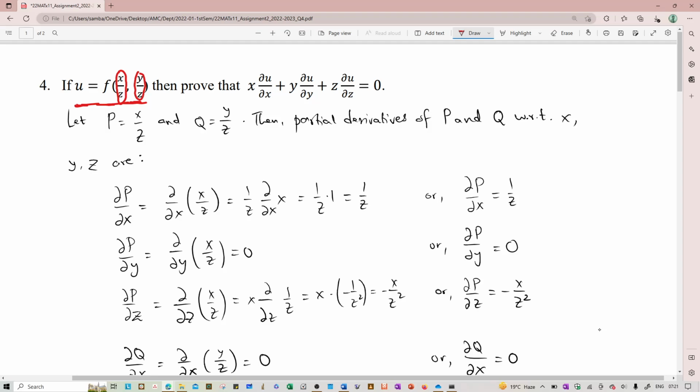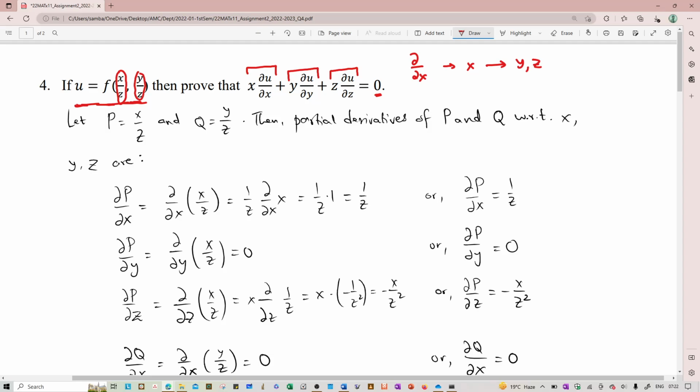So given that we have a function like that, we need to prove that x times dou u by dou x plus y times dou u by dou y plus z times dou u by dou z is equal to 0. Now, to recall, when you're finding dou by dou x, the variable is x and the constants are y, z.